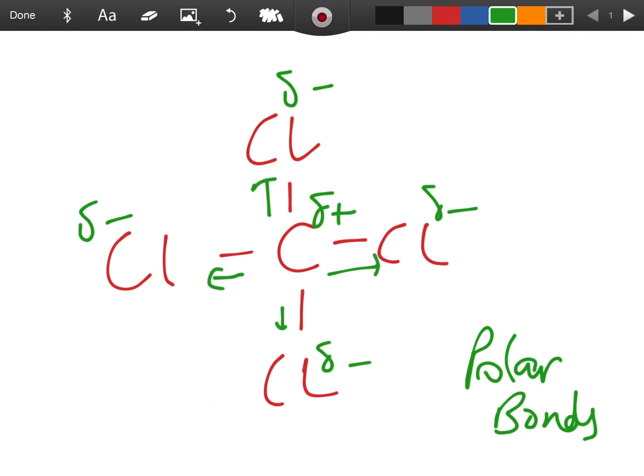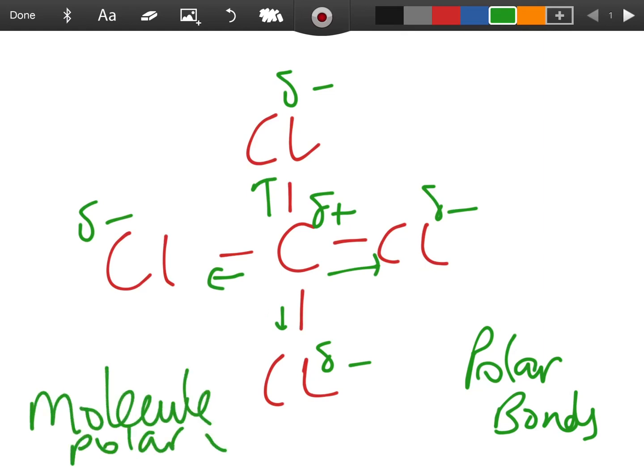But lads, if you want to figure out, is this molecule polar overall? You need to look and ask yourself, well, where is the centre of positive charge and where is the centre of negative charge? This molecule is symmetrical. Imagine your tetrahedral shape.